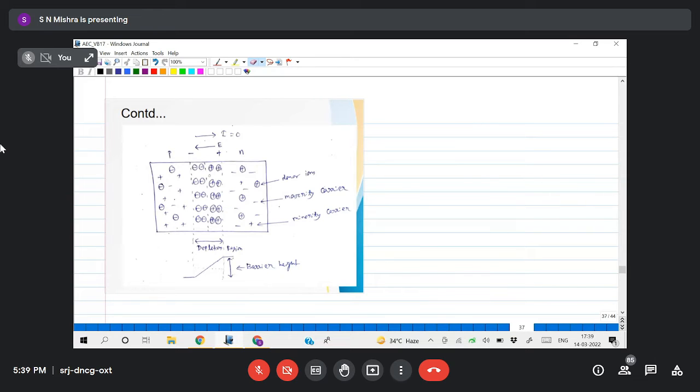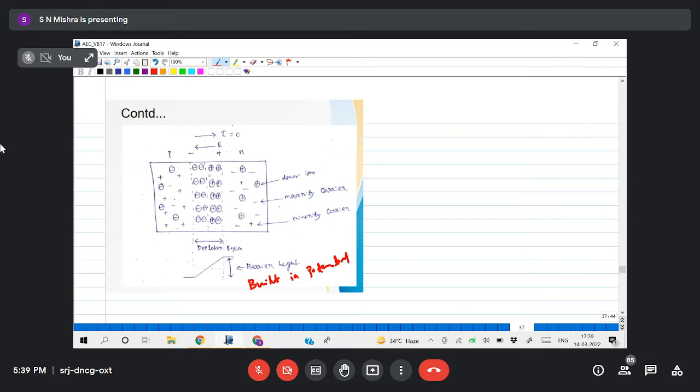Okay, so finally the conclusion is that whenever we join p-type and n-type material, a depletion region is formed. Due to this depletion region, an electric field is generated, directed from the n side to the p side across the depletion region, and across that depletion region a potential barrier forms, which is also known as the built-in potential.